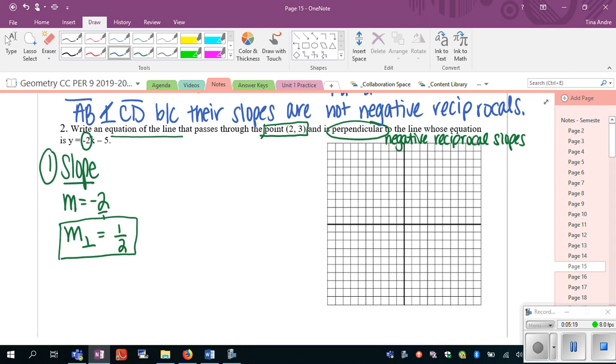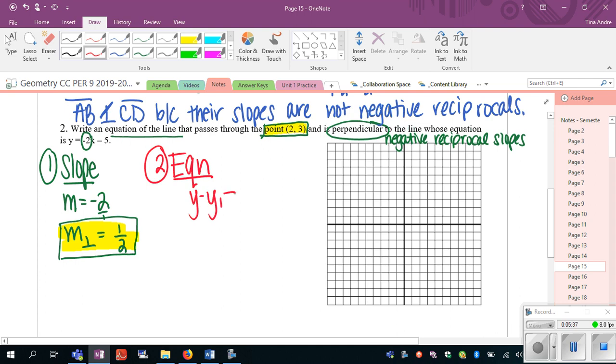So now that we know the slope and we know the point, we can always write the equation of a line. Remember, you always have to know the slope, and as long as you know a point, then we can use our point-slope form. So now I'm going to write my equation by doing y minus y1 equals m times x minus x1, just like what we saw with the parallel lines. Now I'm going to plug these two things in.